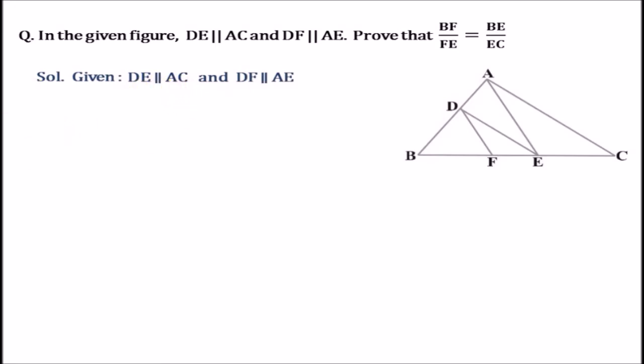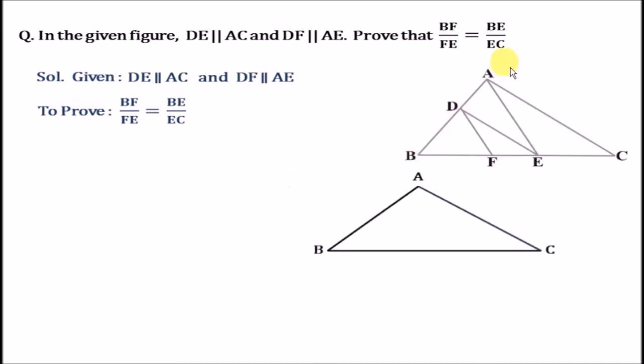We need to prove BF by FE equals BE by EC. First, we will work on the triangle ABC, as it is given that DE is parallel to AC, and this falls on the triangle ABC. So in triangle ABC, DE is parallel to AC.